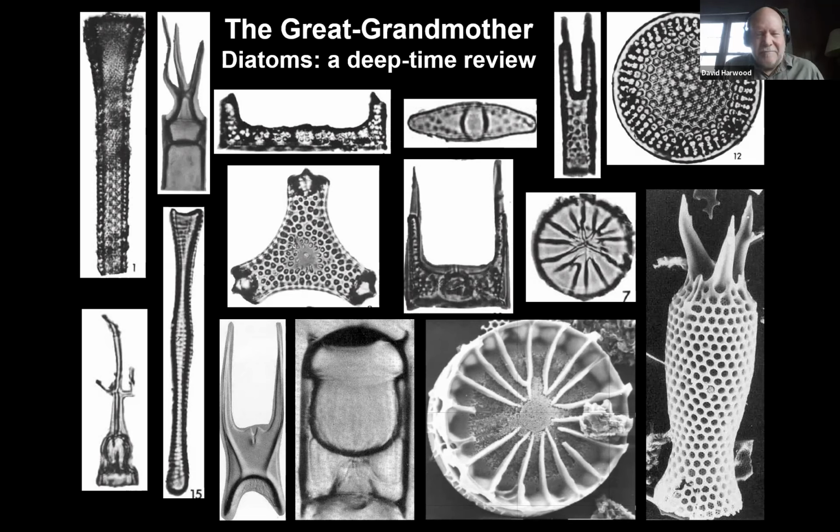They have some kind of unique characters in that some of them don't really have what we would refer to today as a valve face, like many of these others. The diatoms are just long cylinders, where most of the interaction with the environment is through the areoles on the valve mantle.